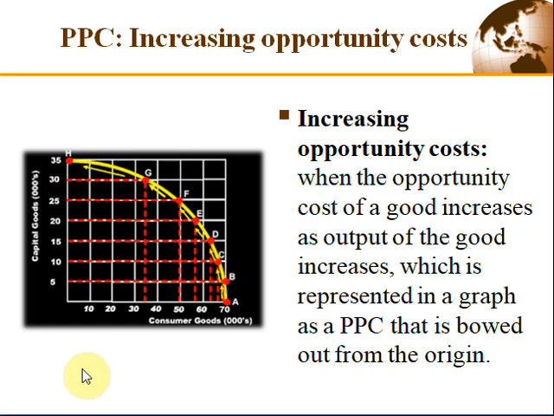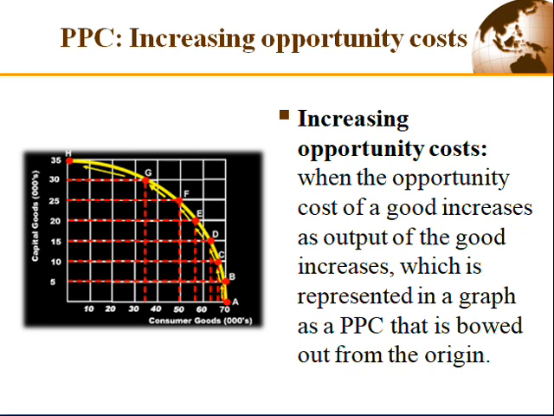Okay, now for instance, assuming government gives up 5 consumer goods when it produces the first capital good. Remember capital good? Yeah, and then this other one is consumer good. So government gives up 5 consumer goods when it produces the first capital good, and then gives up 10 consumer goods when it produces the second capital good.